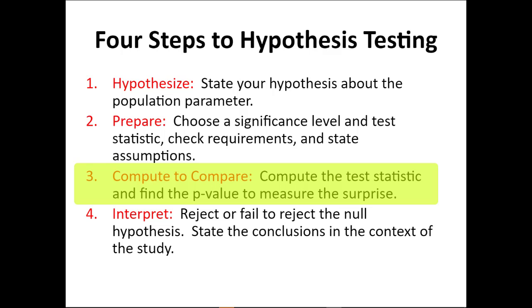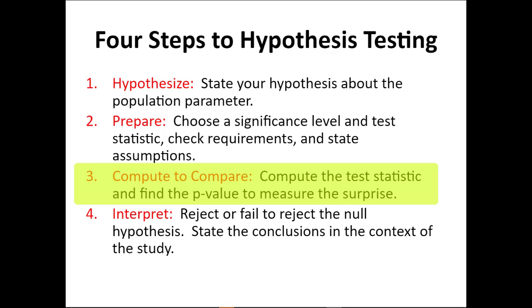In these scenarios, you will be calculating your z obtained in this step. You calculate your z obtained by using the z-score formula that takes the sample information. From that, you're going to subtract the population information and divide that number by the standard error. That will give you your z obtained.